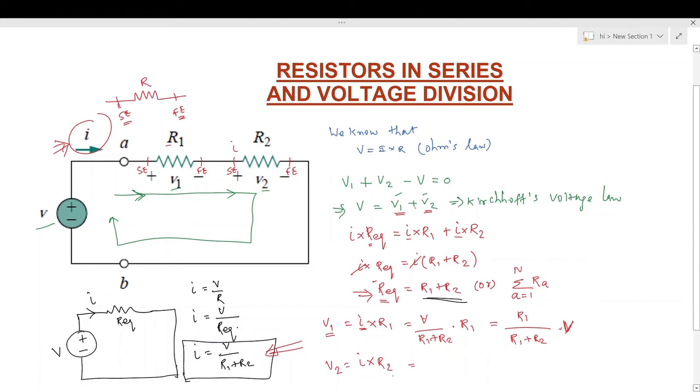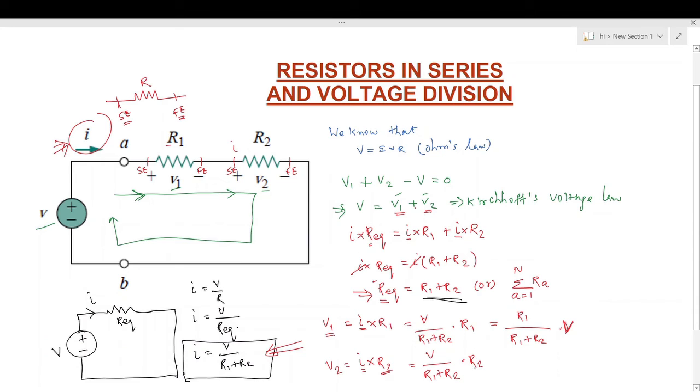From this equation, same as above, we need to replace the value of I with V divided by R1 plus R2, into this value R2.